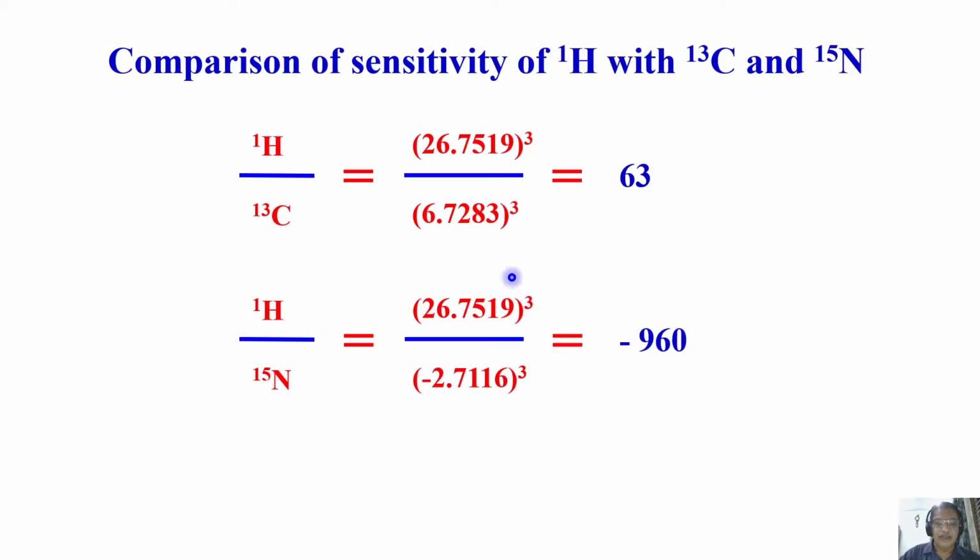So again, plug these numbers into your calculator, you will find this is minus 960. So nitrogen 15 is even less sensitive compared to that of proton. If you have to detect nitrogen 15 compared to proton, it is really a difficult task because of its extremely low sensitivity relatively, compared to even that of carbon.